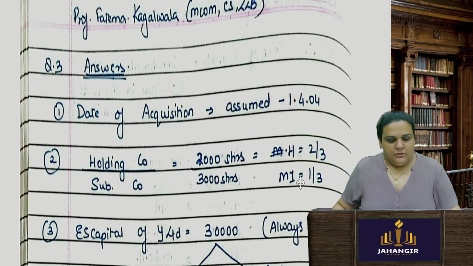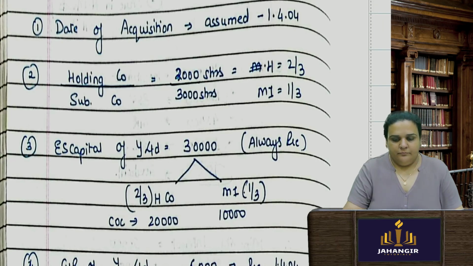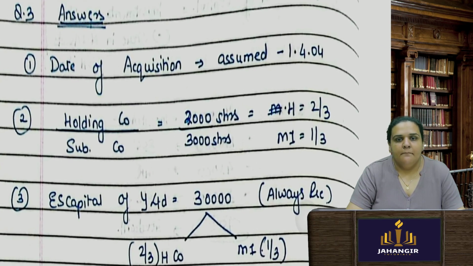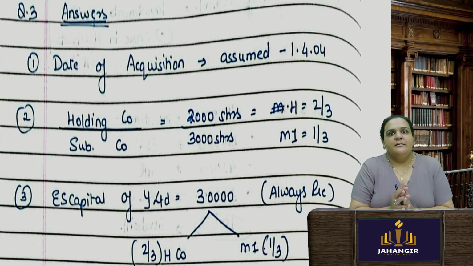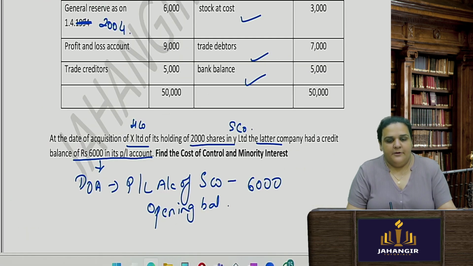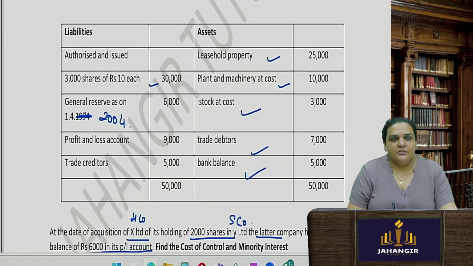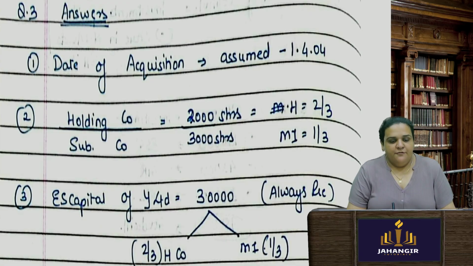Okay, so date of acquisition, I am assuming it to be on the 1st of April 2004. Balance sheets are given as on 31st of March 2005. So 1st of April 2004 is my date of acquisition. Holding company and subsidiary company.